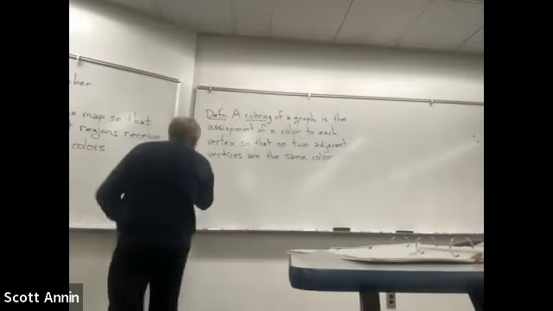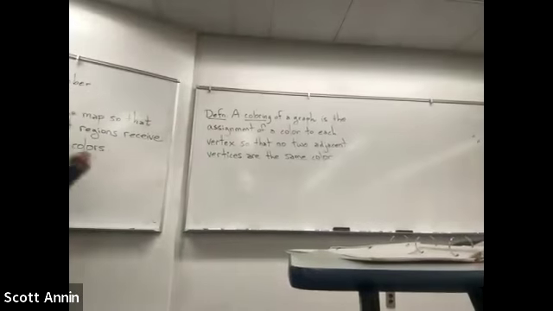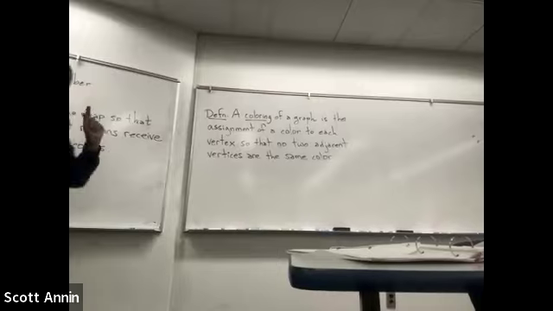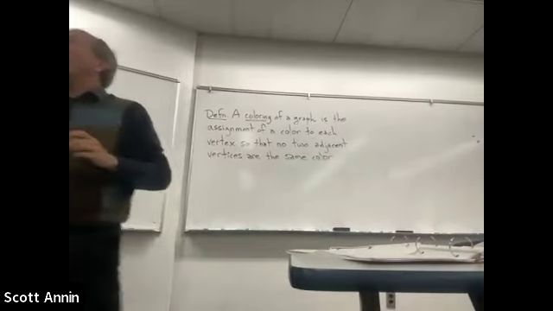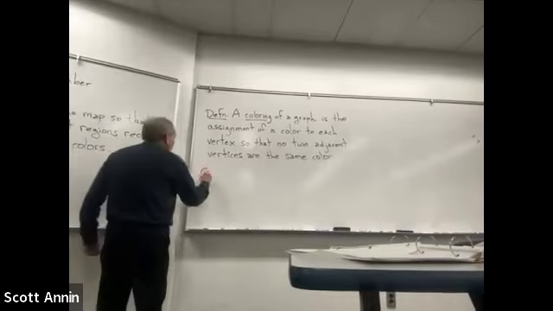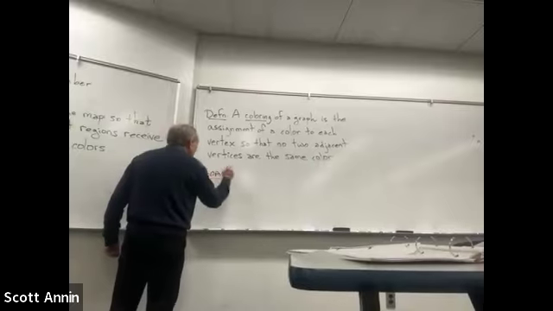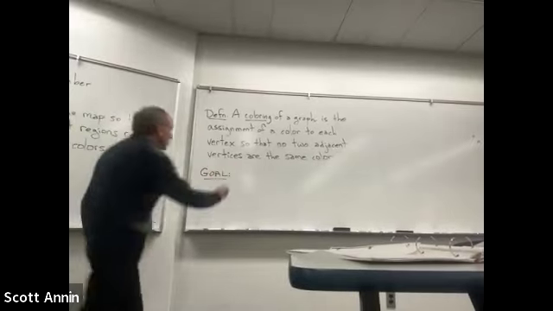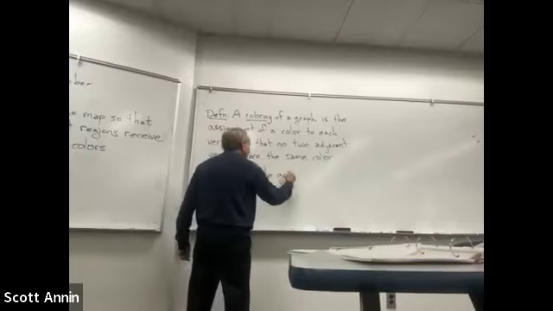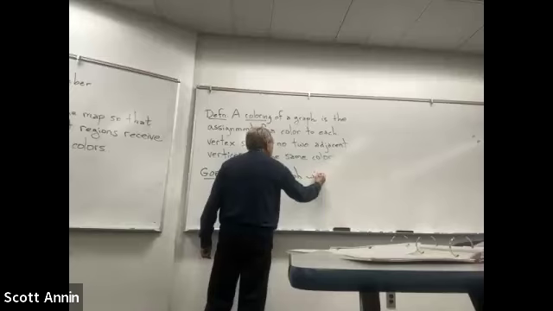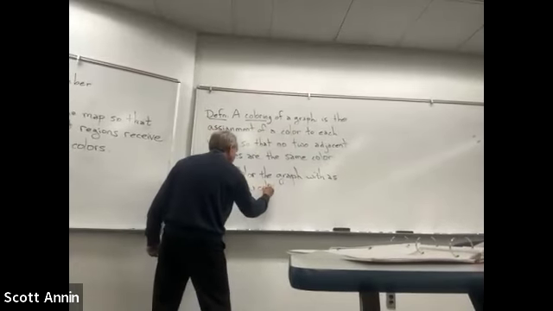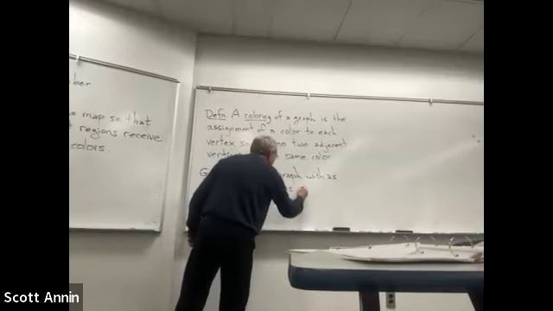And our goal with this, so I said here the goal is to color the map such that you have a legal coloring, but we can actually make a stronger goal, which is to do it with as few colors as possible. So the refined goal here is to color the graph with as few colors as possible.